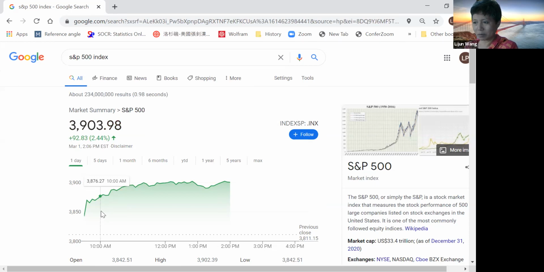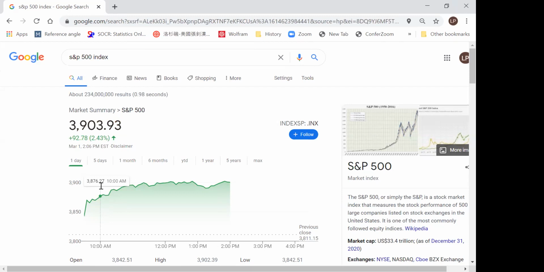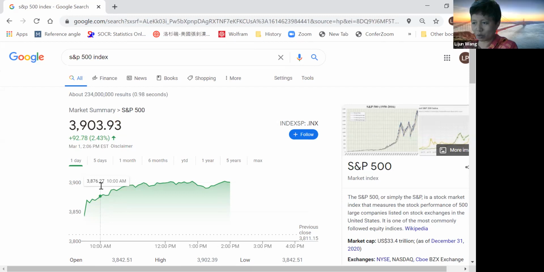Do you see these two numbers on the top? 3,876.27 at 10 a.m. It's a reverse order from what we do here, but this is for reading convenience. It's still a pair of numbers, just in different order. So at 10 a.m., that's the index.